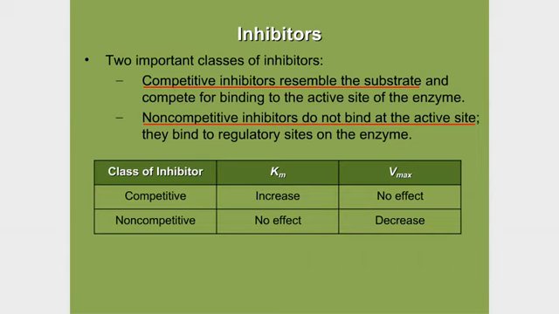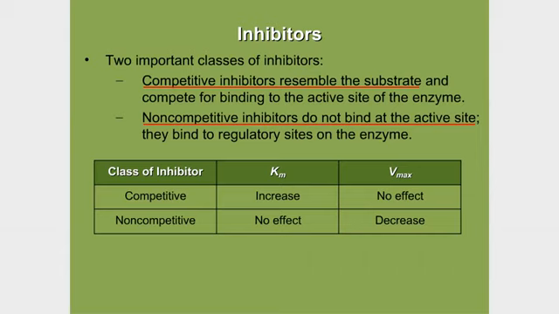Whereas non-competitive inhibitors have no effect on the Km, but they decrease the velocity. Because if a non-competitive inhibitor binds to a regulatory site, it prevents the enzyme from undergoing a conformational change properly. The enzyme won't work, and it will not be able to convert a substrate to a product efficiently.